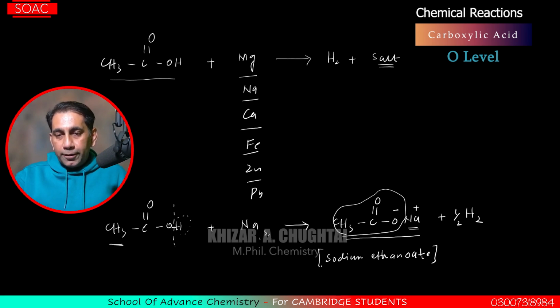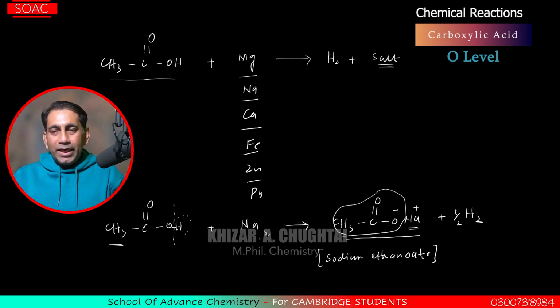Sodium ethanoate. This is the style of nomenclature of esters. Esters names are basically written like that. So its name is sodium ethanoate. This is the name of the salt form, and hydrogen gas is formed.